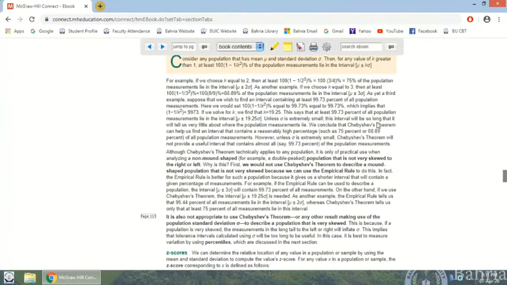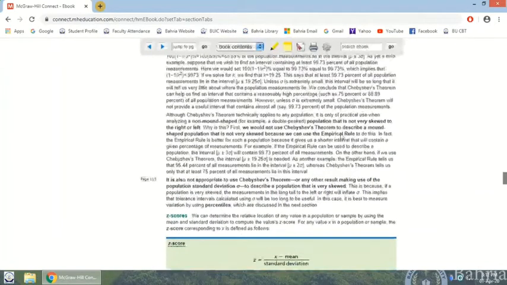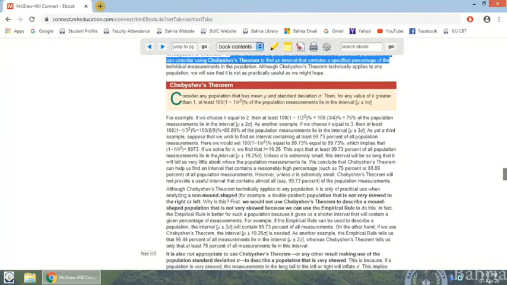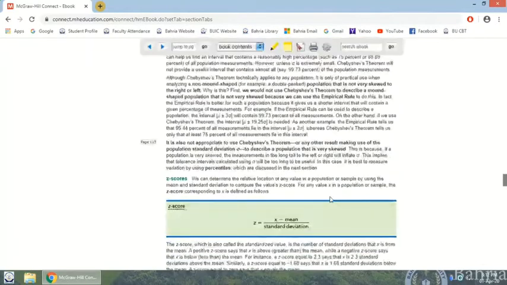This interval will be so long that it will tell us very little about the population measurements and where they lie. So what we do is we can just ignore this if the k, or the number of times that we're taking the standard deviation, is very high. So Chebyshev is not very appropriate in this case.